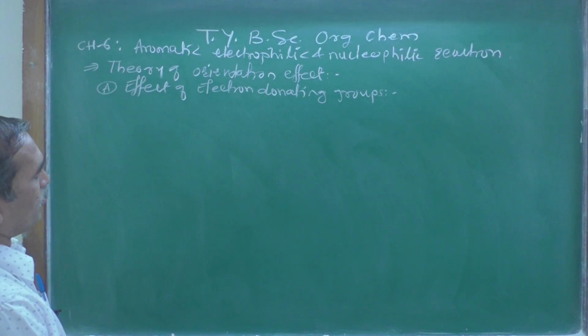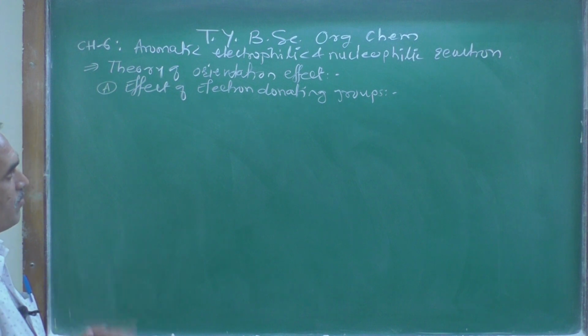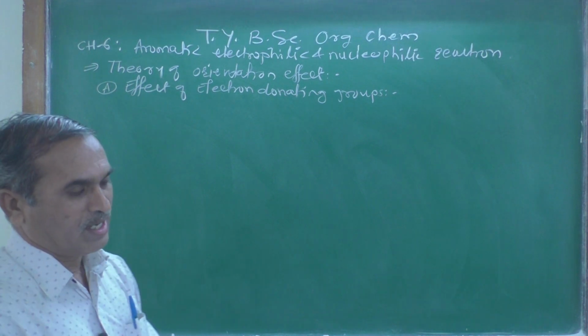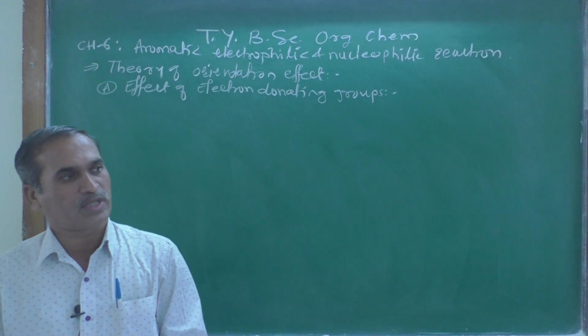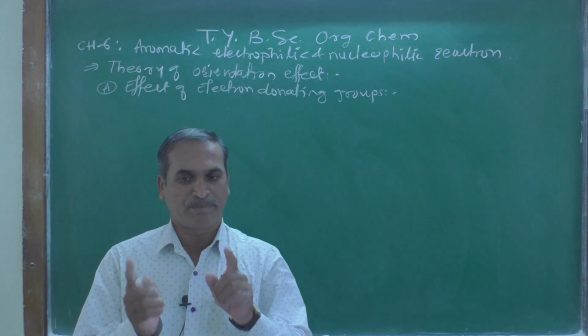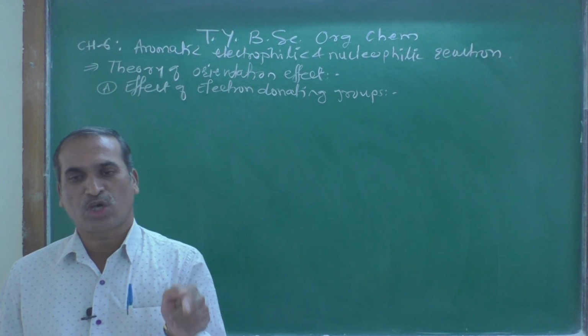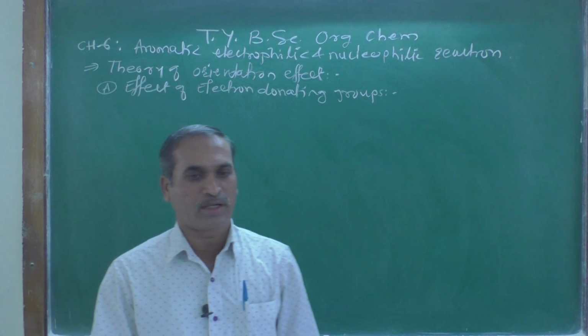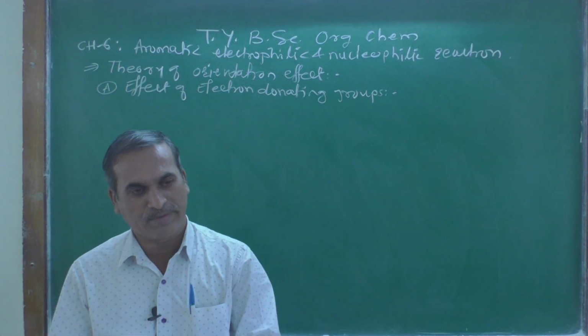The theory of orientation effect, first part: the effect of electron donating group. As I already told you, the monosubstituted benzene contains either an electron donating group or an electron withdrawing group.